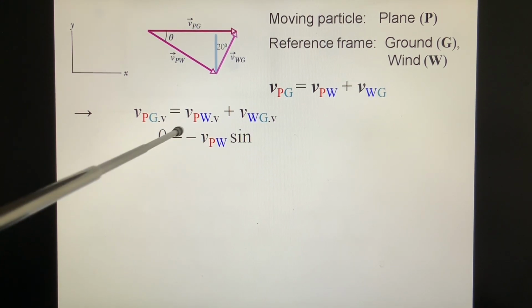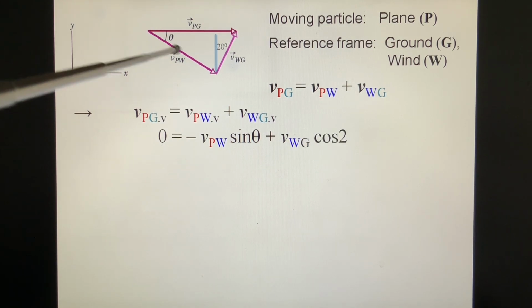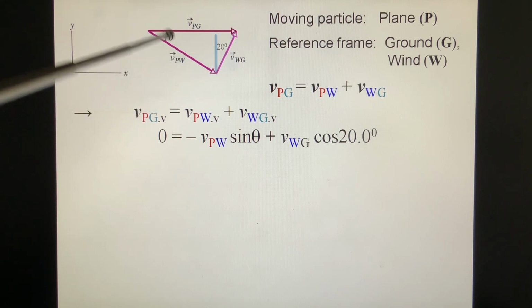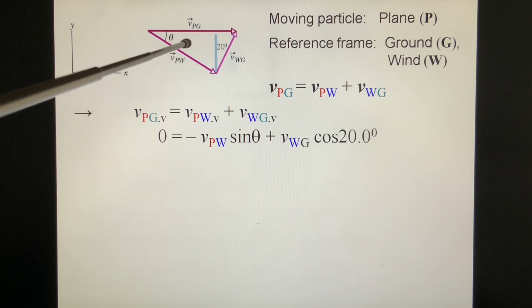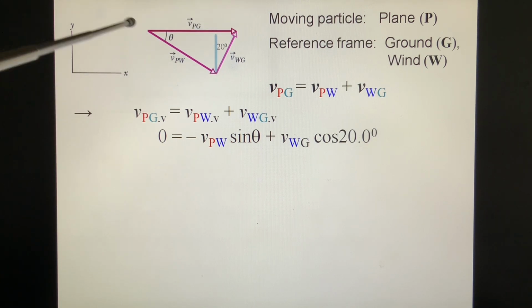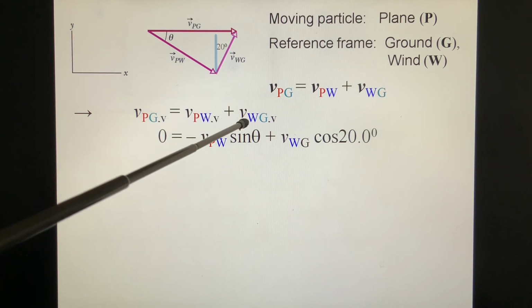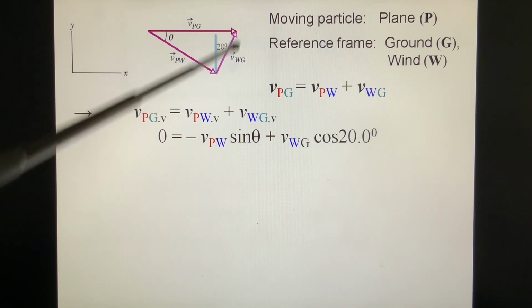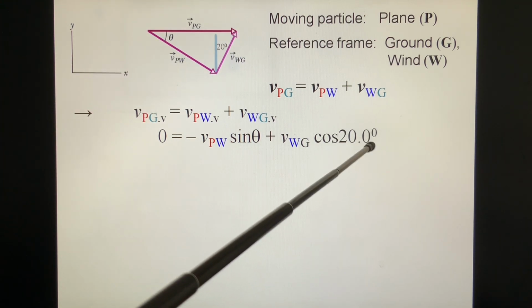And the plane relative to the wind is this one, with a sine theta component, which is negative. And for the wind relative to the ground, this is in the positive y direction, with cosine 20 degrees.